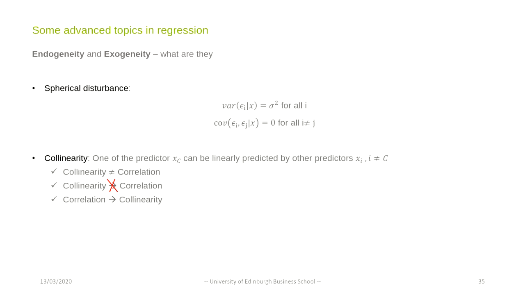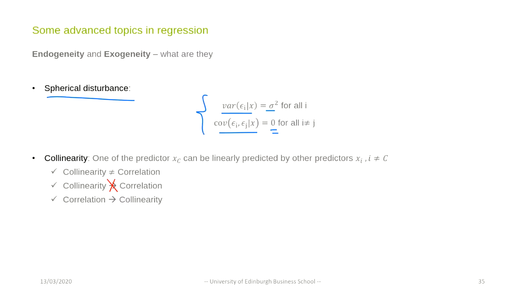So what is spherical disturbance? This basically means the variance of the error should be fixed, a constant. The covariance of the error across different data should be 0. These are the characteristics of the error term.